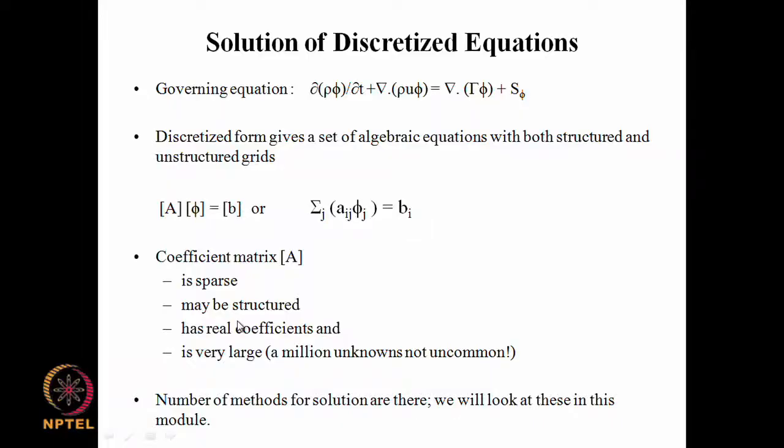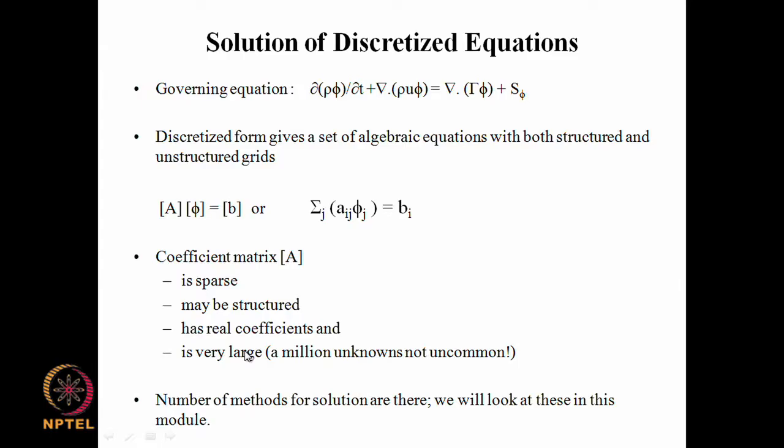So these are real coefficients, and in general the coefficient matrix is very large. For example, a million unknowns, a million grid points, is something that these days people are doing on their laptops. That means if you have a million grid points, the coefficient matrix has a million unknowns, so it will be million by million is the size of this matrix. So we have to deal with these kind of equations in which the coefficient matrix is sparse, may be structured, has real coefficients and is large.